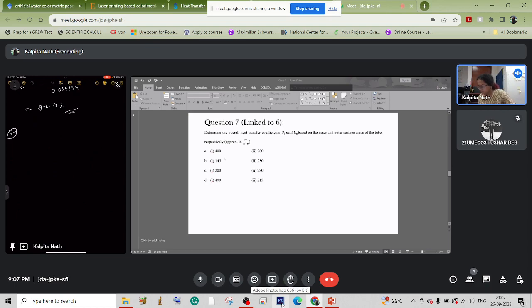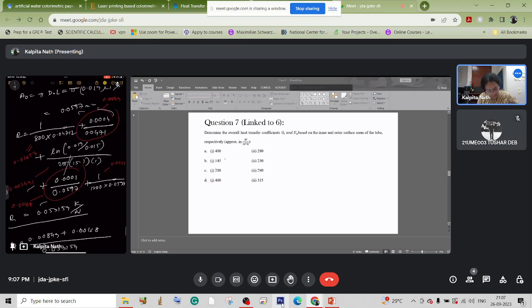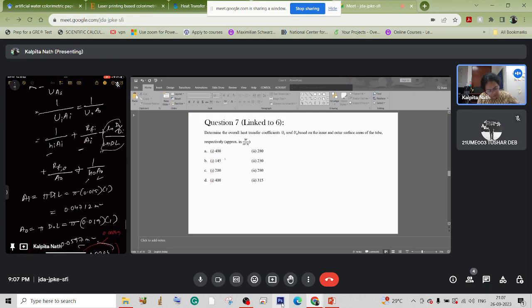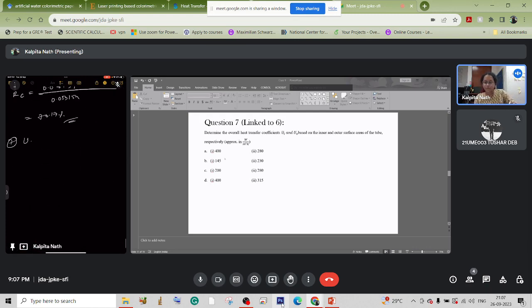So this is relatively easy. We have already seen that total resistance is equal to 1 upon U_i A_i, and this is equal to 1 upon U_o A_o. So from there we can easily calculate U_i is equal to 1 upon R A_i. R is 0.0532, A_i we have also calculated as 0.0471.